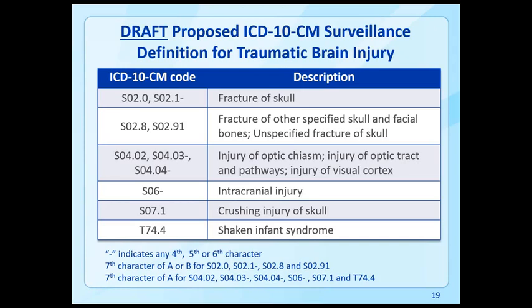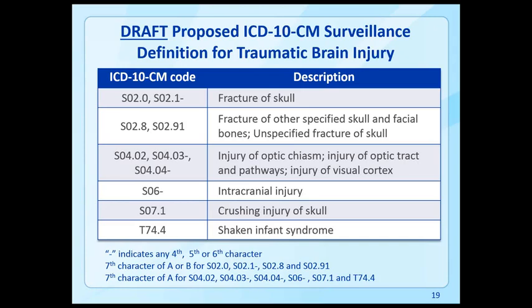And if you would, note the footnotes at the bottom here with the use of the dash, which indicates any 4th, 5th, or 6th character. And then obviously, these are the categories of codes. But as I mentioned before, there's 220 individual codes. And then, of course, as Holly mentioned, there's the option of the 7th character of A or B for the skull fractures, which would indicate an open or closed fracture, which is an initial encounter.